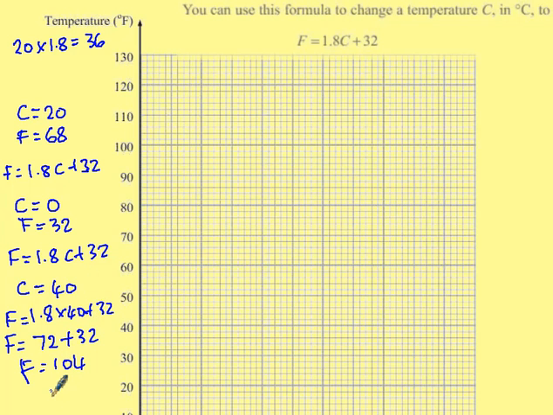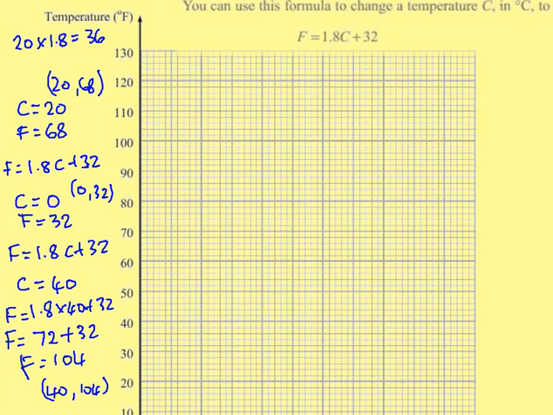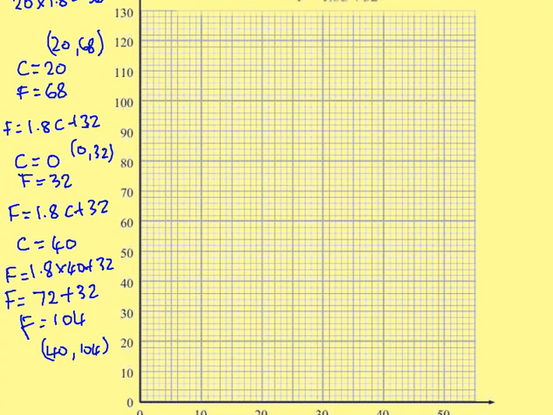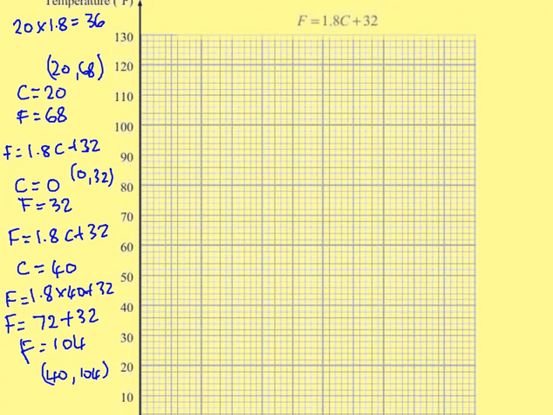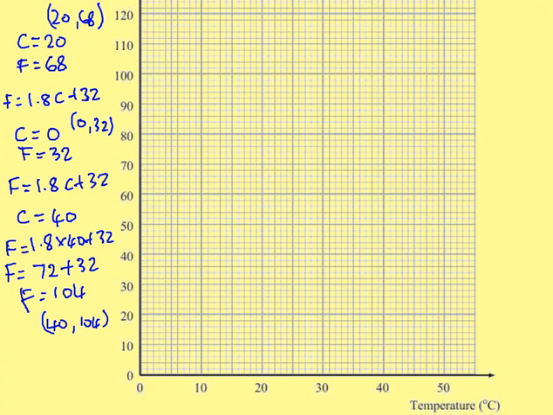So I've now got 3 coordinates that I can plot. I've got 40, 104, I've got 0, 32, and I've got 20, 68. So I'm going now to plot on my scale. My vertical axis is temperature in Fahrenheit, my horizontal axis is degrees centigrade.